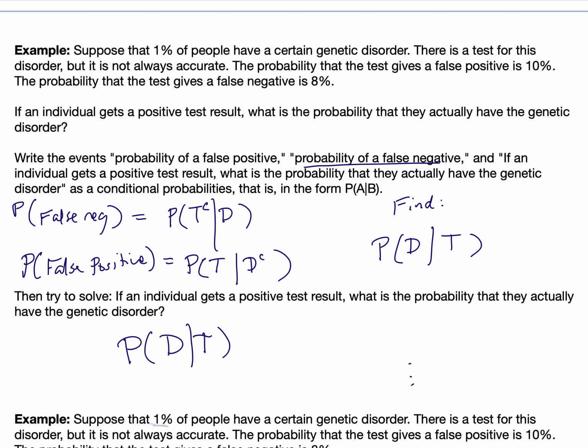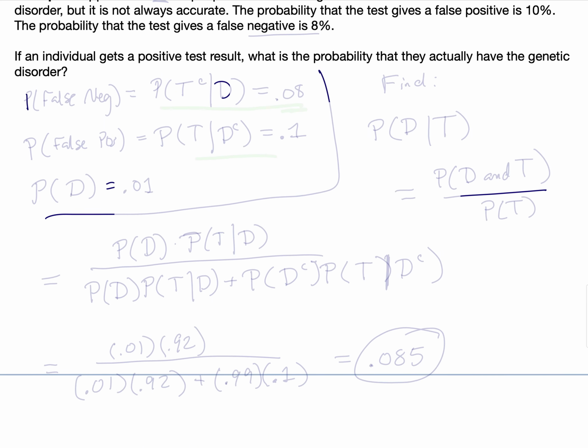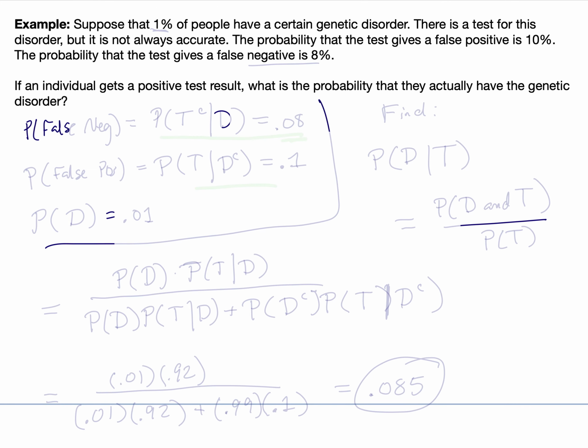Okay, we'll again break up into the things that we know. So we know that the probability of a false negative is the probability that we get a negative test result despite having the genetic disorder, and the probability of a false negative is 8%, so 0.08.